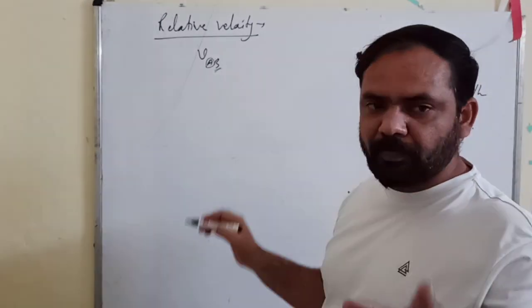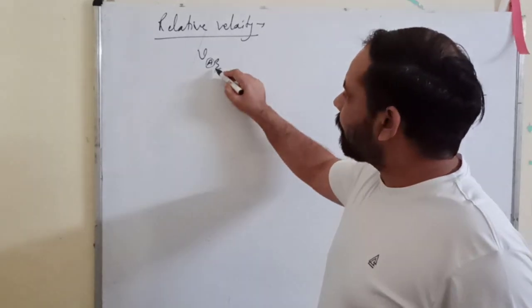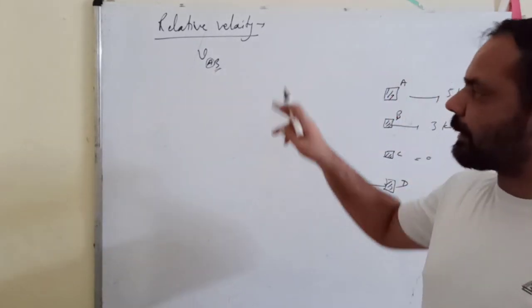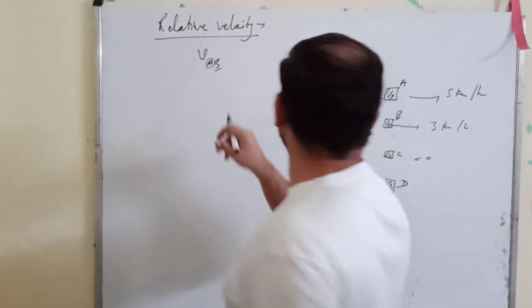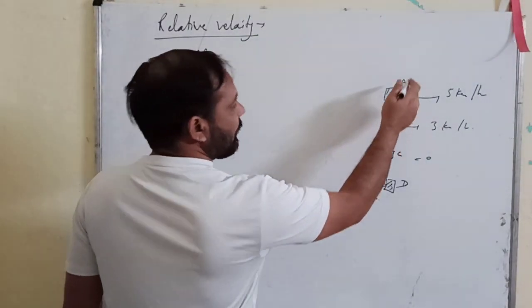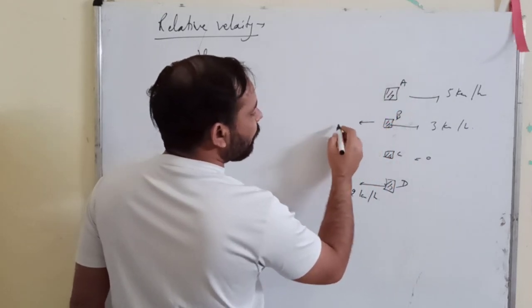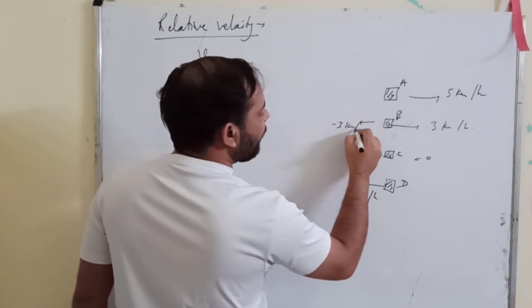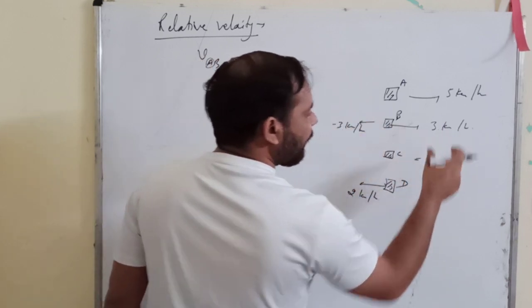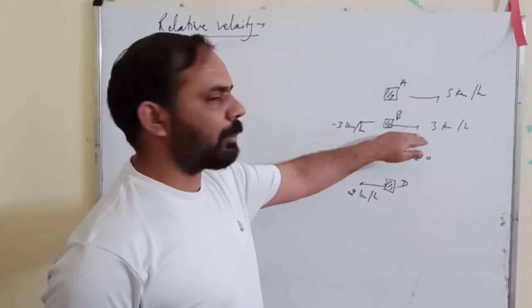The second is your reference point, with respect to whom. So you have to bring that second body to a state of rest. If I am finding V A B, I will bring B to rest. So I will subtract 3 km per hour from its speed of plus 3 km per hour, so it becomes 0.